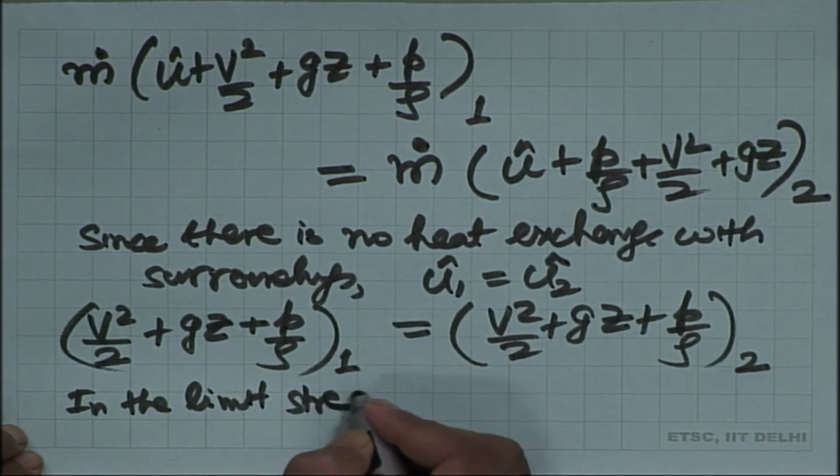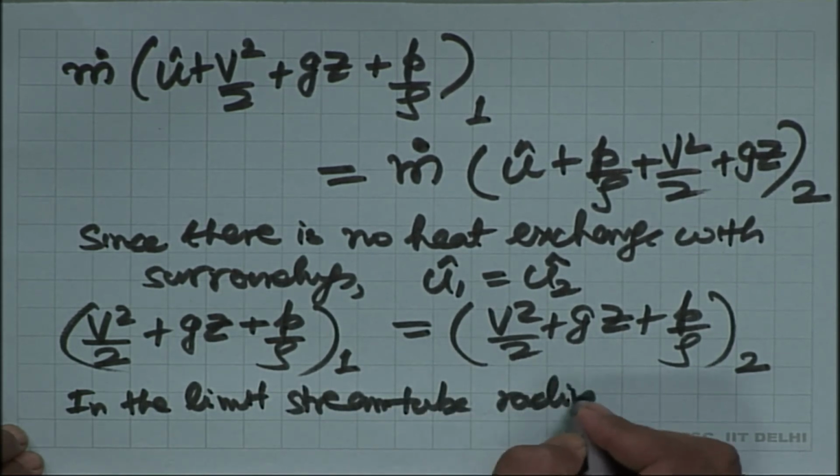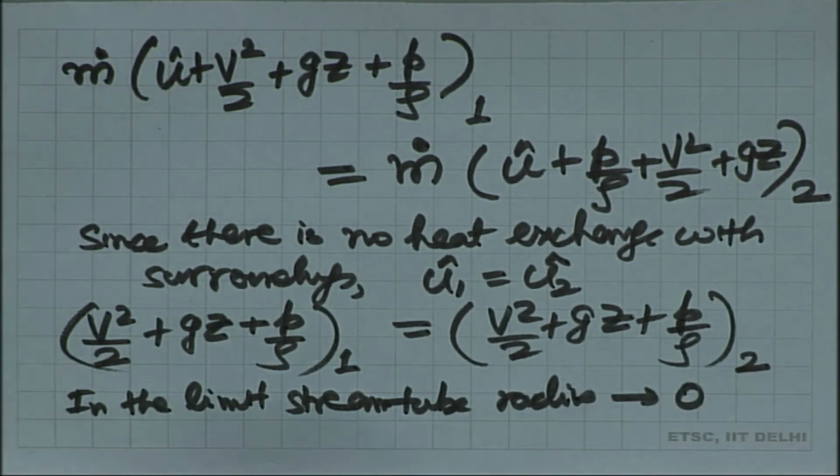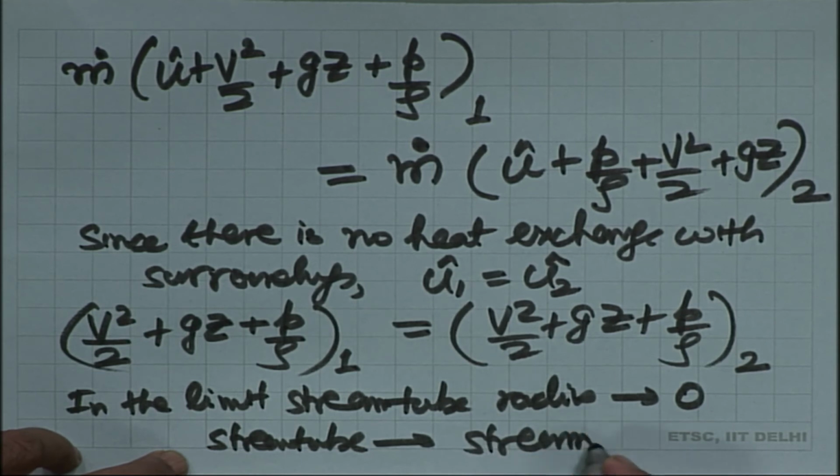And in the limit, the stream tube radius at the inlet tends to 0, tends to a very small point. The stream tube will become a streamline.